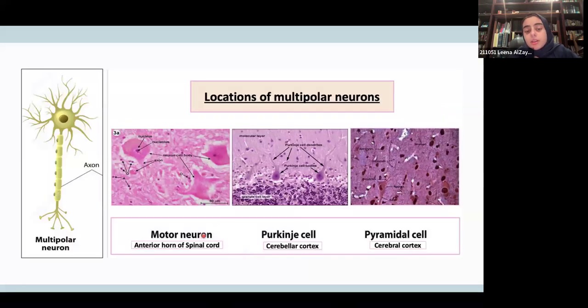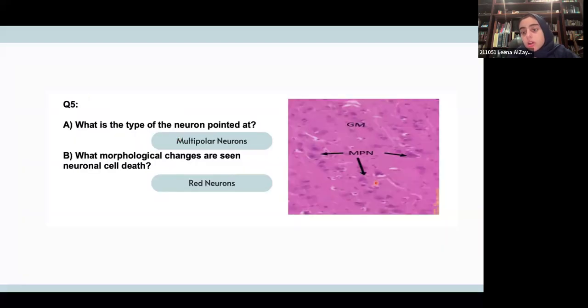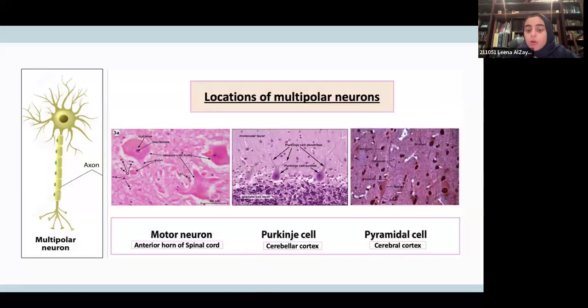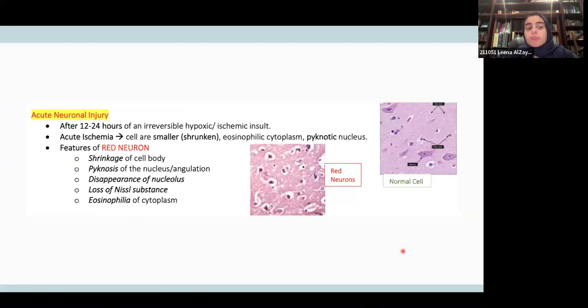As we said, this is a reminder of how a multipolar neuron looks. It looks like a pyramid. These also look like pyramid cells over here, not as clear, but they do the job. We said they're located in the anterior horn of the spinal cord, cerebellar cortex, and cerebral cortex.